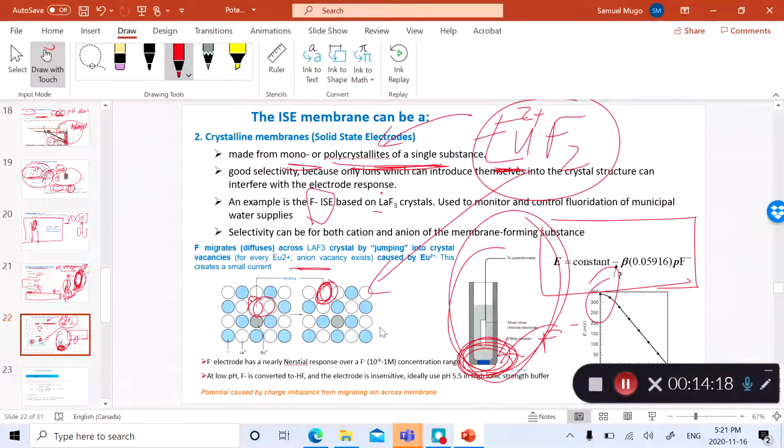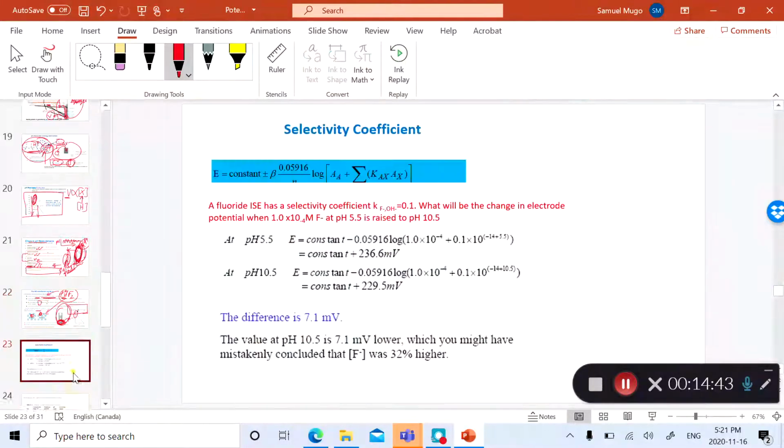Remember, like any other ISEs, they tend to be interfered with, often by OH, hydroxide ions. Hydroxide ions are almost the same size as fluoride, and so they tend to occupy these cavities as well. And so you've got a problem with the selectivity coefficient of fluoride and hydroxide, which tends to interfere.